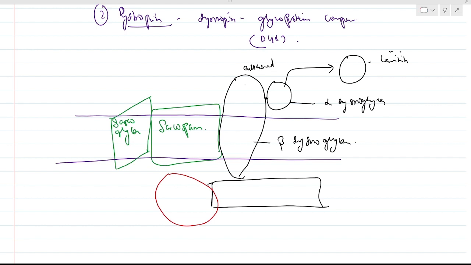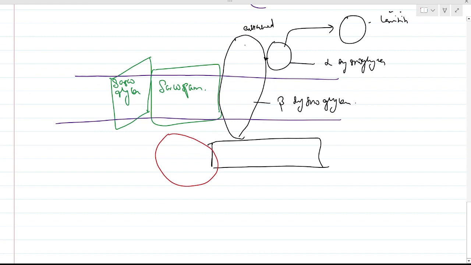Now to the inside of this, the beta dystroglycan, this molecule here is our dystrophin protein, and to this dystrophin our actin is attached.